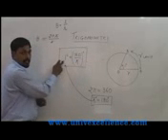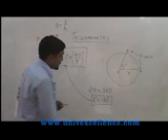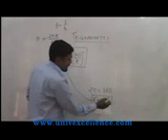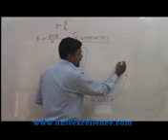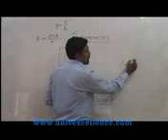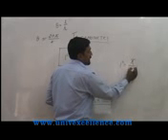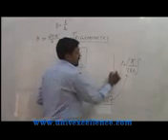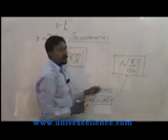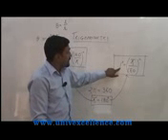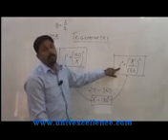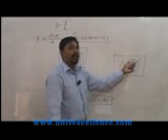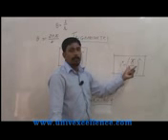The second relation is one degree is equal to pi upon 180 radian. We use this relation when we are asked to convert degree measure into radian measure. Then we multiply that angle by pi by 180.